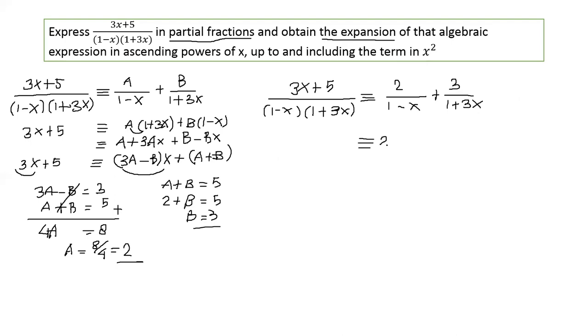It becomes 2 times (1 minus x) to the power minus 1 plus 3 times (1 plus 3x) to the power minus 1.